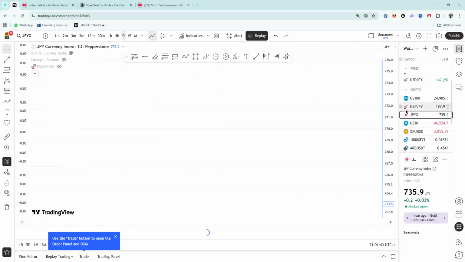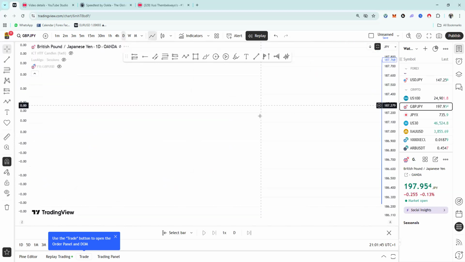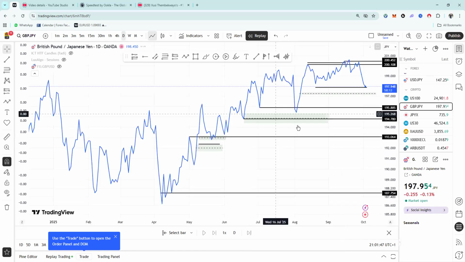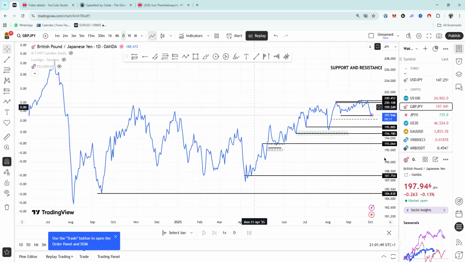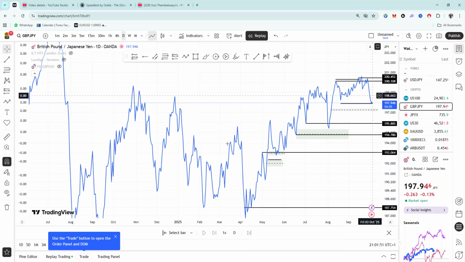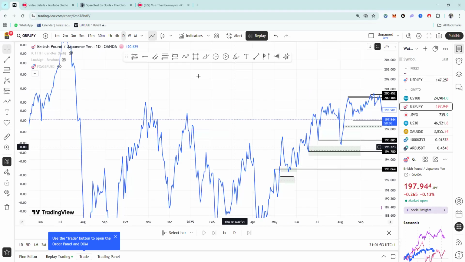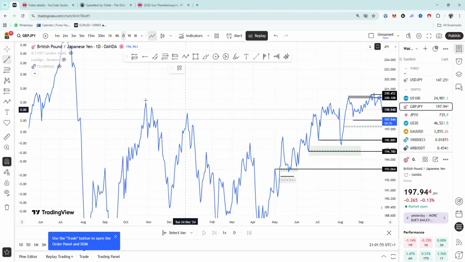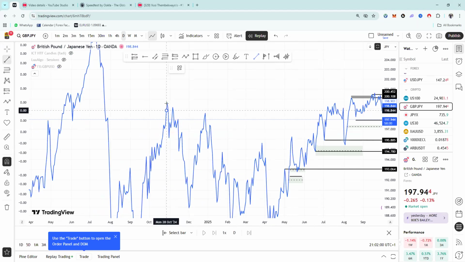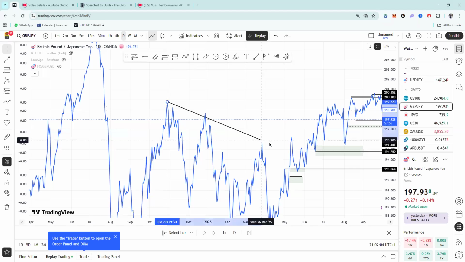Let me go to the page one. Okay, let's look at this one. I don't know if this is a good one. We have this. Now, let's just put something like this.